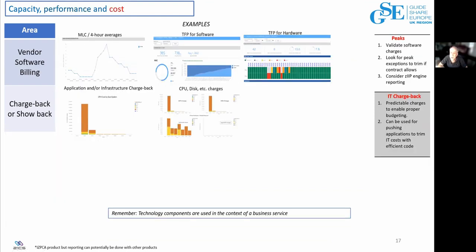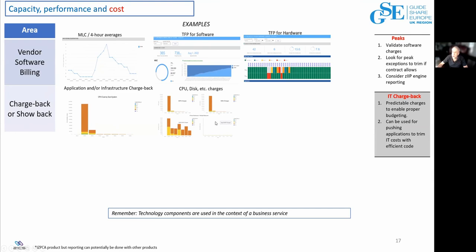Finally, from a cost perspective, I look at two pieces. One is the vendor software billing. And typically, well, there's a third option. You might have an enterprise agreement, but you might be running MLC, which is peak 4-hour averages for the month, or you might be running TFP, tailored fit pricing.